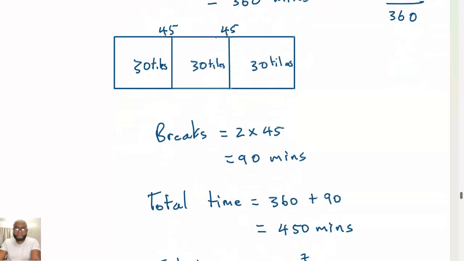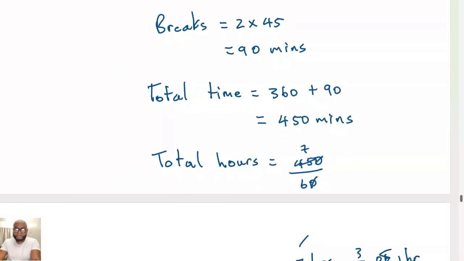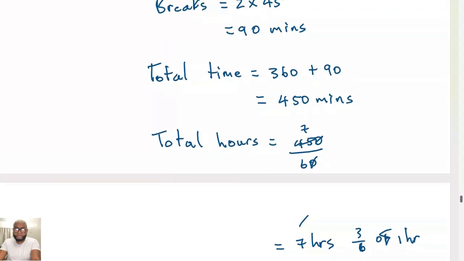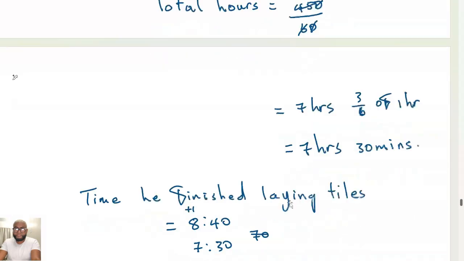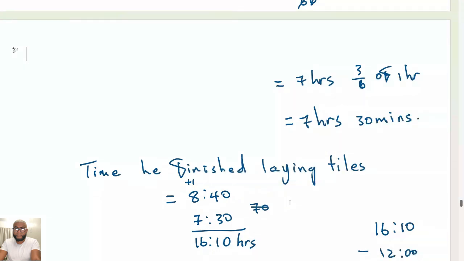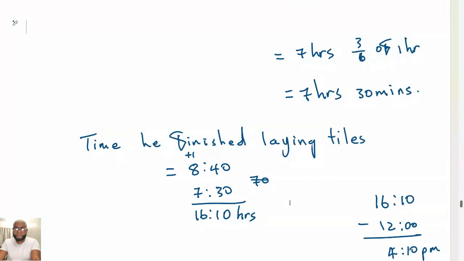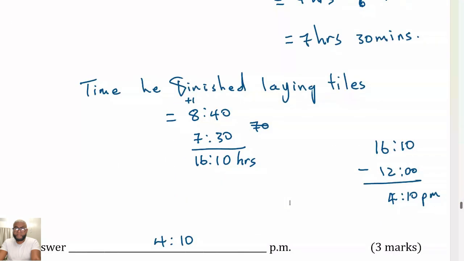What is going on here? What is this slash? I think this slash is supposed to be on the 6. So we're going down to the answer at the bottom here. The answer would have been 4:10 p.m.